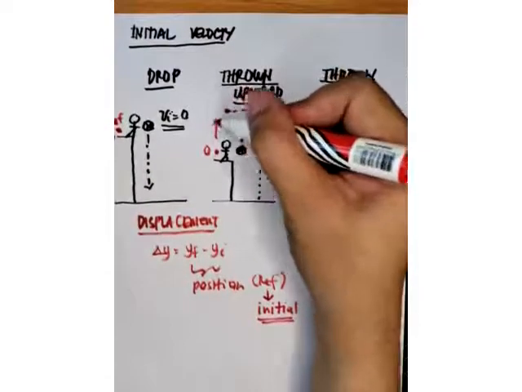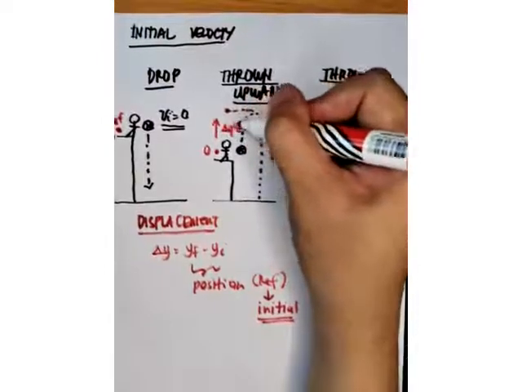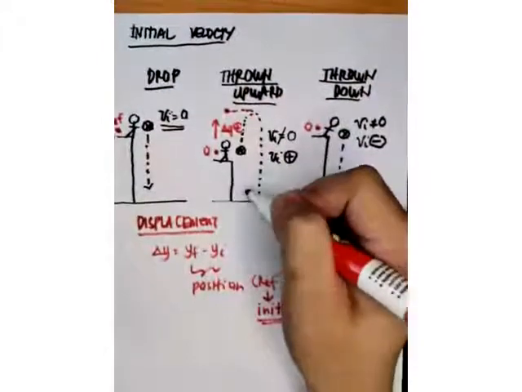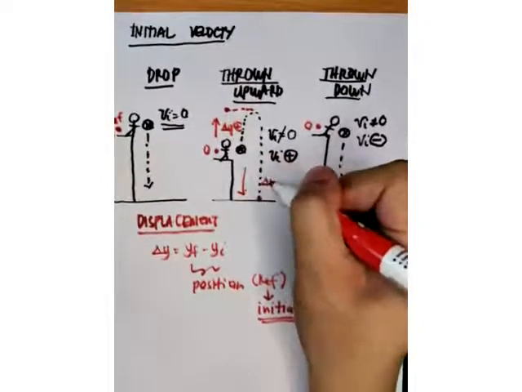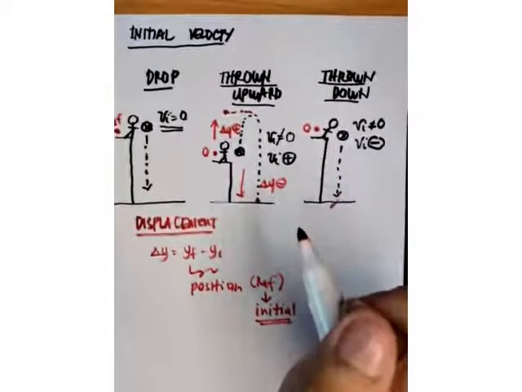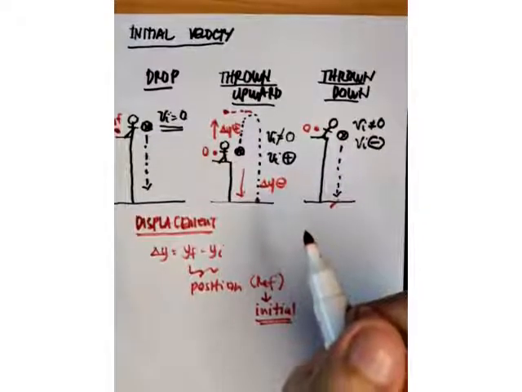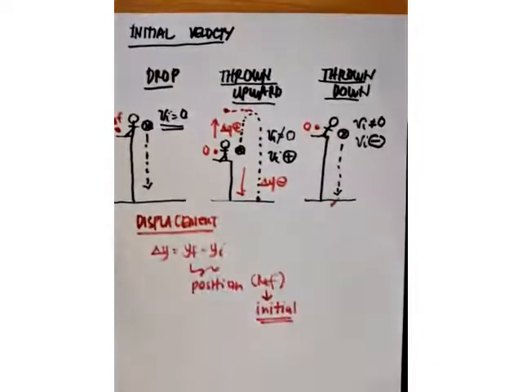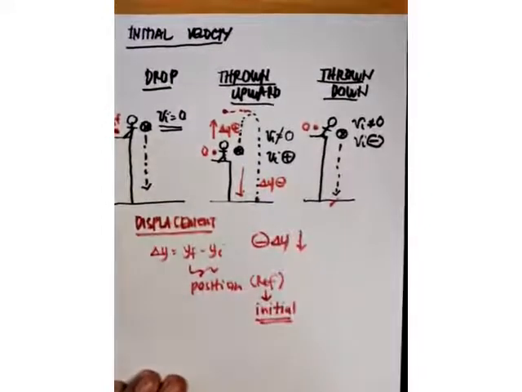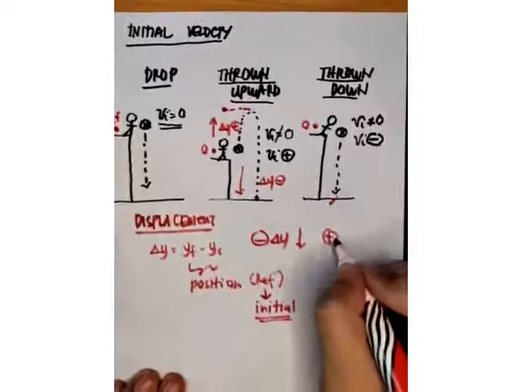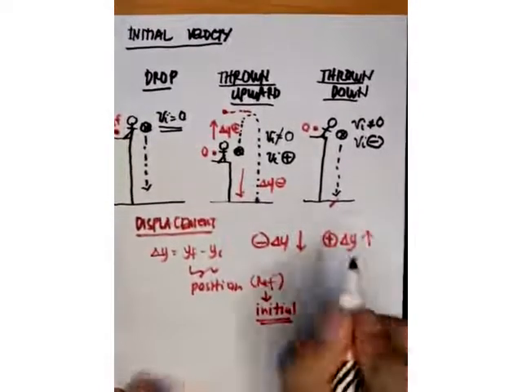Since nasa taas siya ng reference, yung displacement mo ay magiging positive. Pero kung ito ang tinatanong niya, nandito siya, so that means yung displacement mo ay negative. Okay? Magiging negative yung delta y kung nasa baba ng reference. Magiging positive yung delta y kung nasa taas siya ng reference.